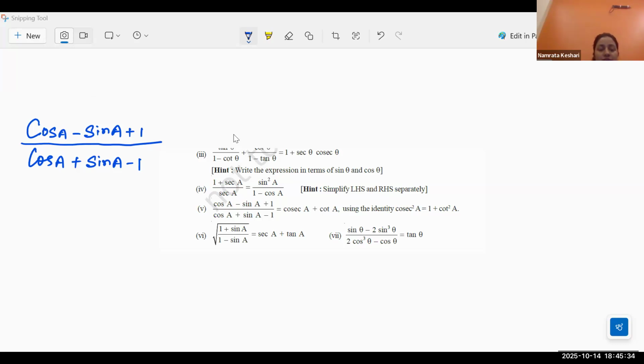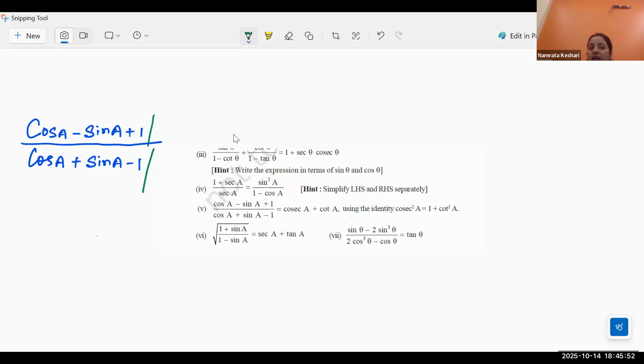So we are going to divide the numerator. When we divide the numerator by cos, or maybe sine, let's see what we can do. If you divide the numerator by cos, cos by cos will be 1, sine by cos will be tan, and 1 by cos will be sec.